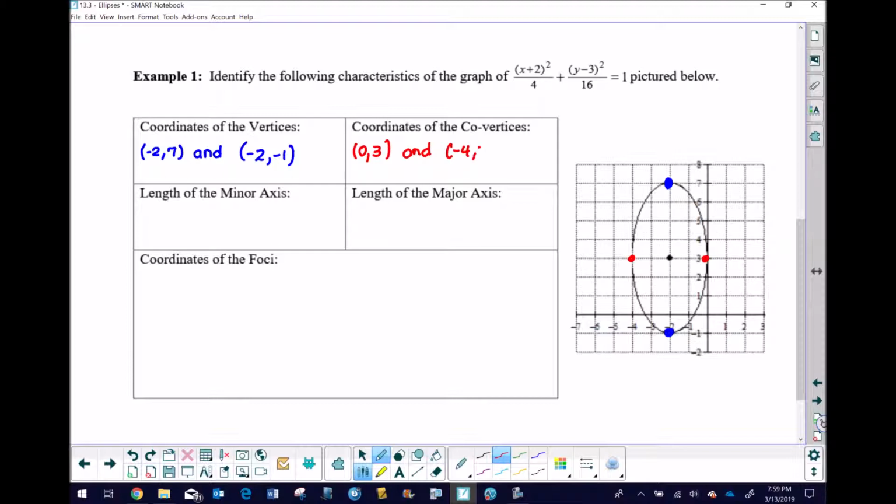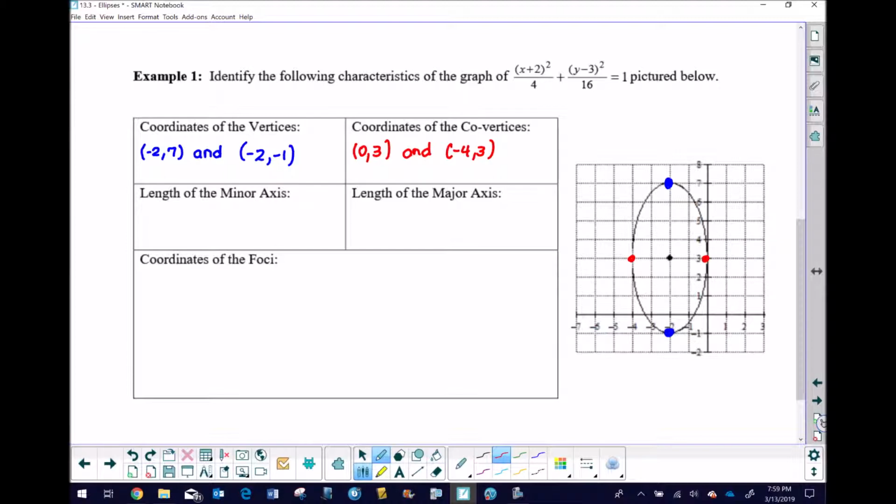And as I was saying earlier, you could still find those if you were never given the graph, because all you've got to do is know that the x-coordinate of the center was -2, and you would have to take this 4 and add 2 to the -2, and then subtract 2 from -2 to get the 2 new x values. The y-coordinate would stay the same. So there's our vertices and co-vertices.